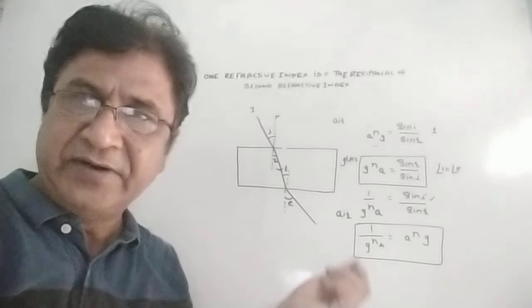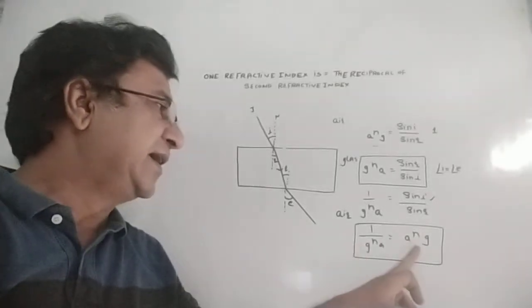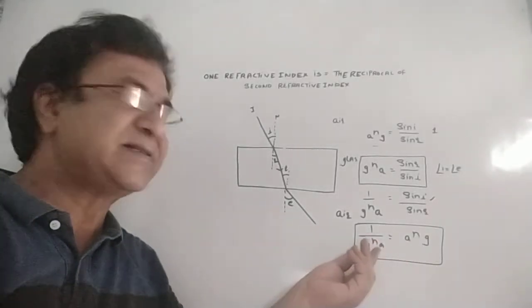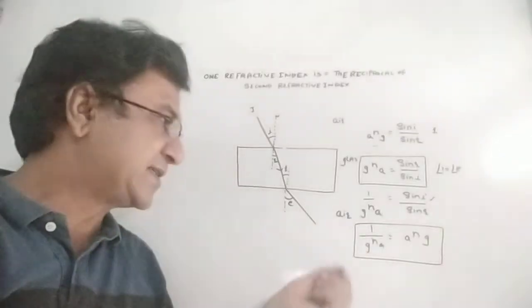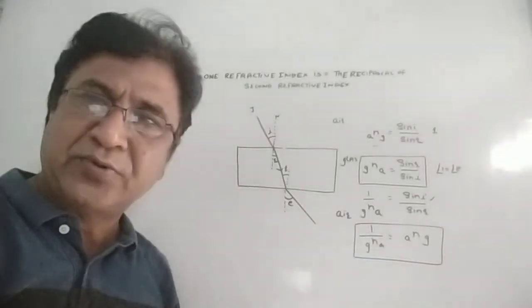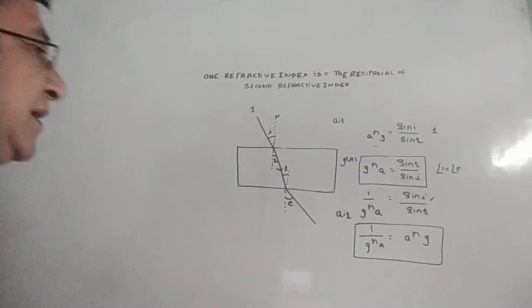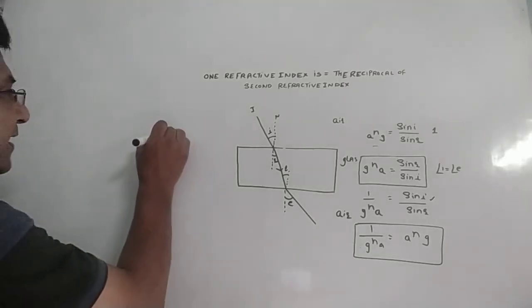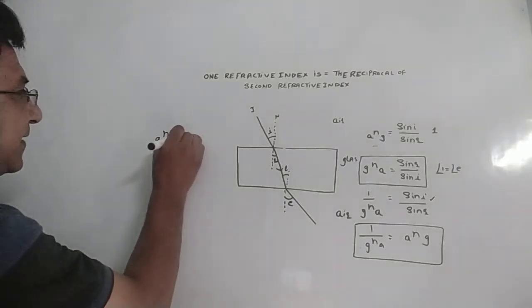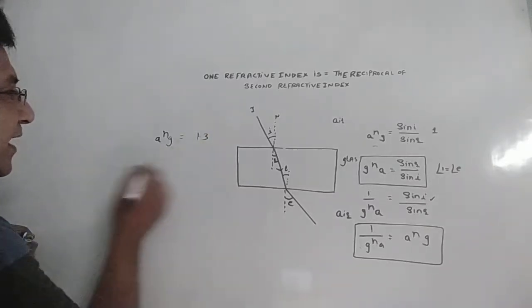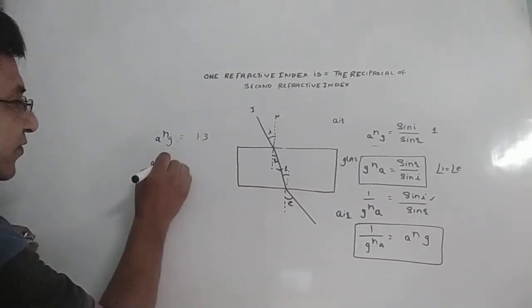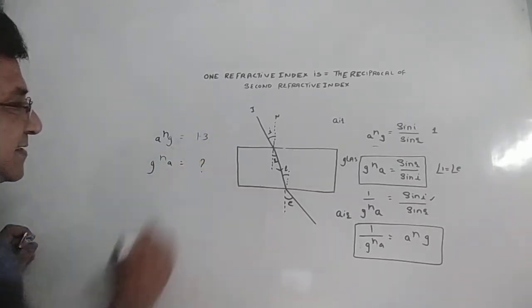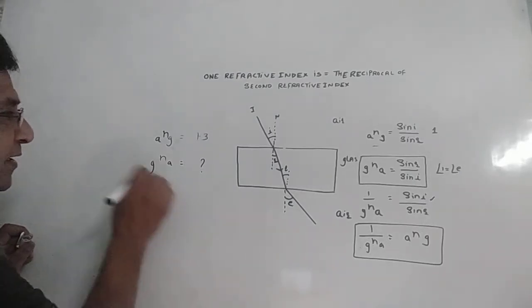Sometimes the refractive index of the first one is given and you are asked to find the refractive index of the second one. So it is the reciprocal which will come. Suppose the air to glass refractive index is given as 1.3, and you are asked to give the refractive index of glass to air. That is the question. So what will you do?